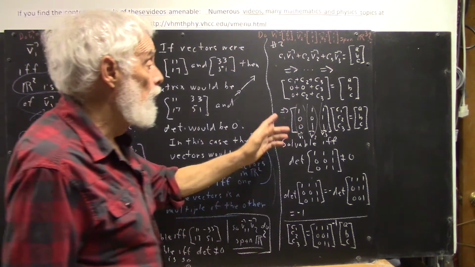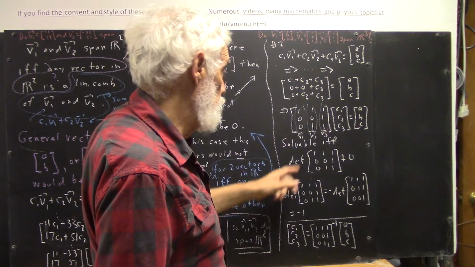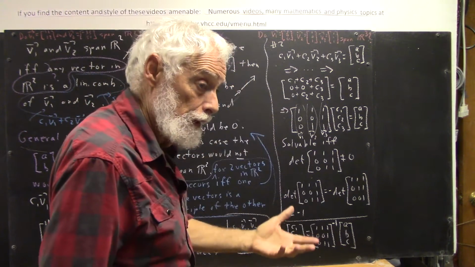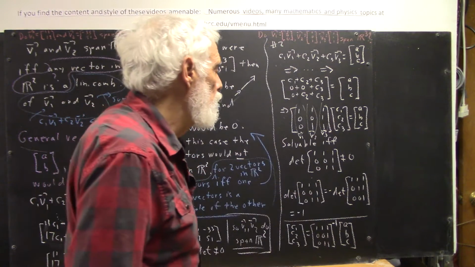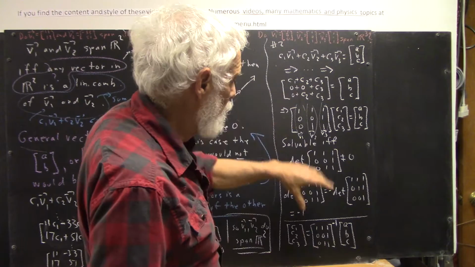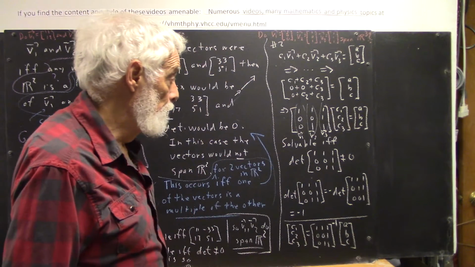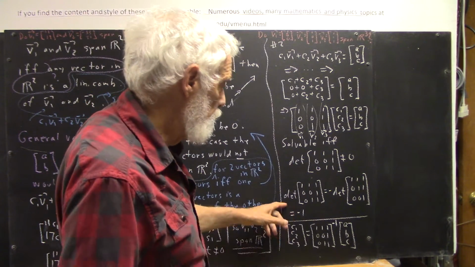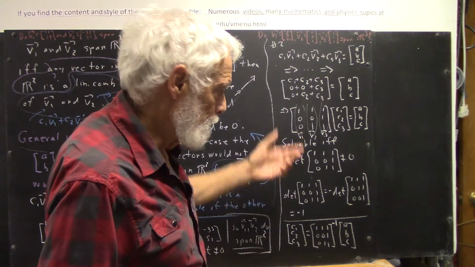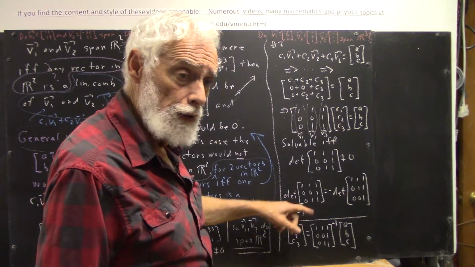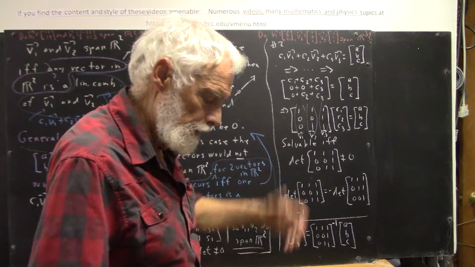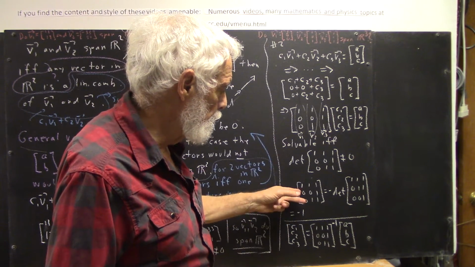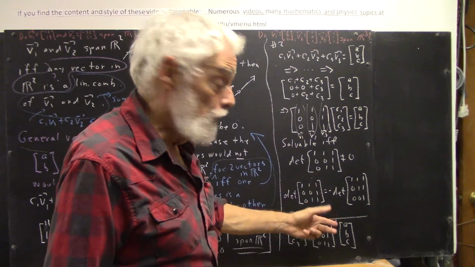Well, in any case, this is solvable if and only if the determinant of this matrix is not 0, because then this matrix can be reduced to the identity, giving us an inverse. This matrix can be inverted as long as the determinant is non-zero. Now to calculate this determinant, I could multiply it all out, expand it by minors, but I didn't bother, because I see that by switching these two rows, I would change the sign of my determinant.